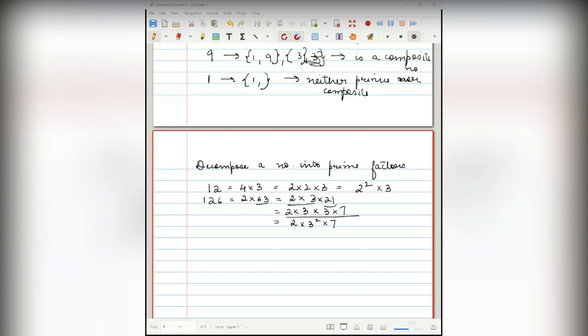Because we have already reached 2 into 3 into 3 into 7. So I'm just making it short so it doesn't look very big. Got it. Because here what we consider as prime is 2, 3, 3, and 7. Yes, correct. Just to shorten it.